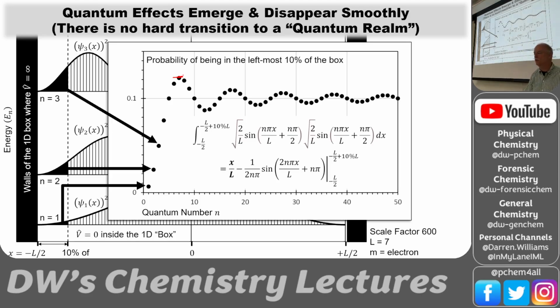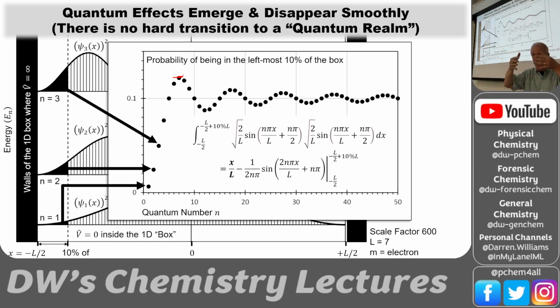Okay? Now, one way to change this, to populate more energy levels, is to make the box bigger. So if we increase L, then it's easier to excite the molecules or atoms or electrons that we have in our box, because L is in the denominator of the energy.